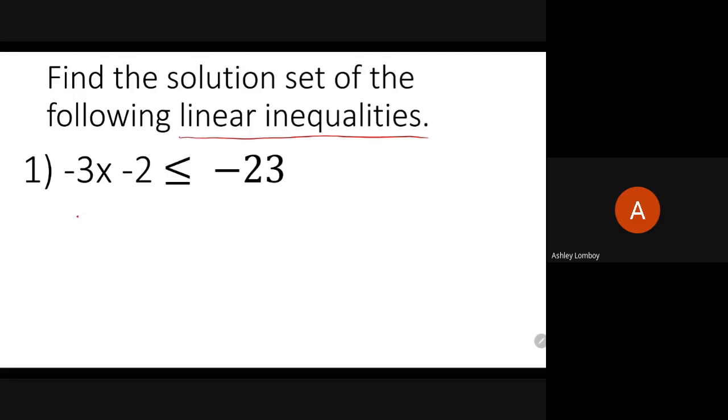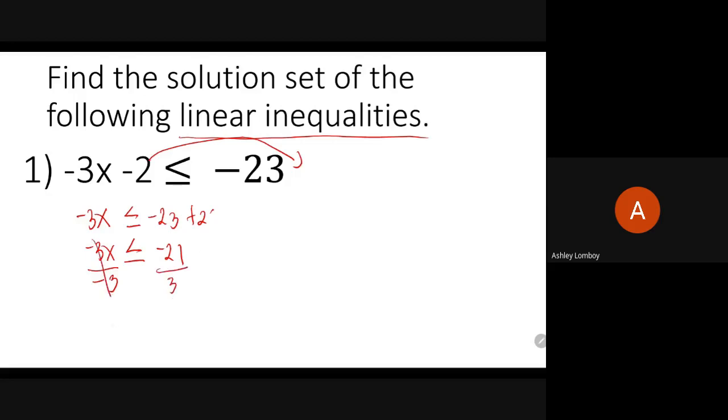So this will be negative 3x less than or equal to negative 23, you have to transpose this. This is positive 2. Negative 3x rather, less than or equal to negative 21. Dividing both sides by negative 3.